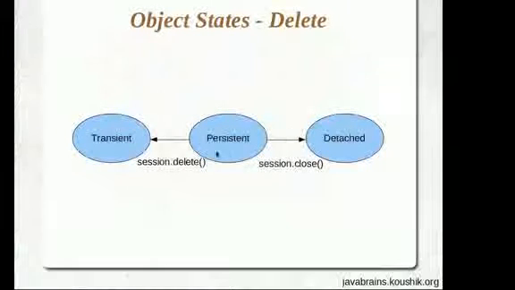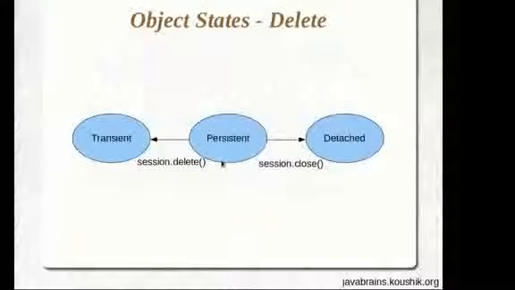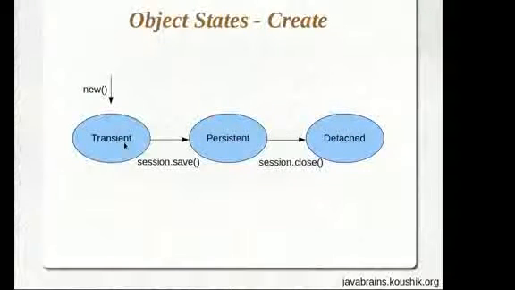So there's no point in having the object as persistent, because if you make a change here, what is it going to update? It doesn't have anything to update in the database. So what Hibernate does is it automatically converts this to a transient state. Now I can do a session.save and convert this back to persistent, in which case Hibernate is going to create that record for me. It's the same as our scenario here.